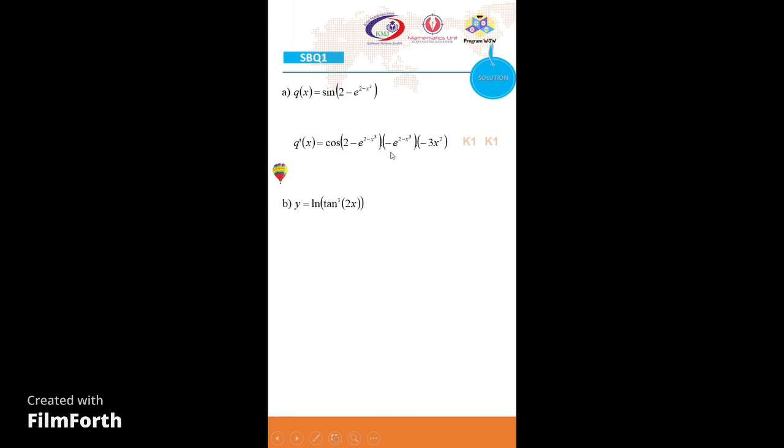Okay, so to differentiate the angle here, you need to remember how to differentiate the exponent. So to differentiate the exponent, you copy back the whole function for the exponent, and then you need to differentiate the power.